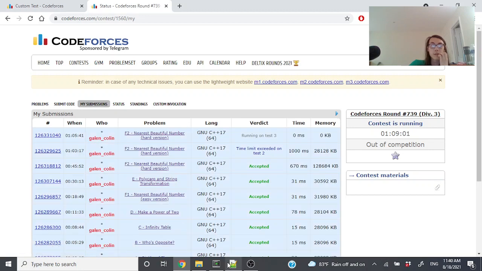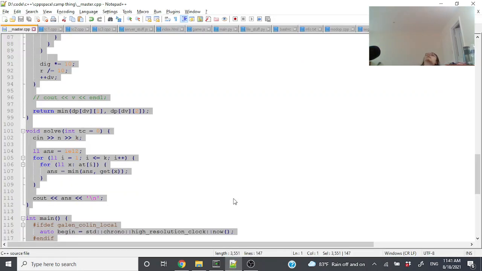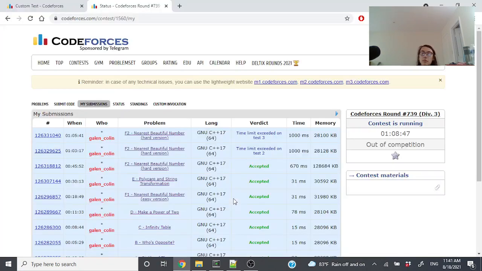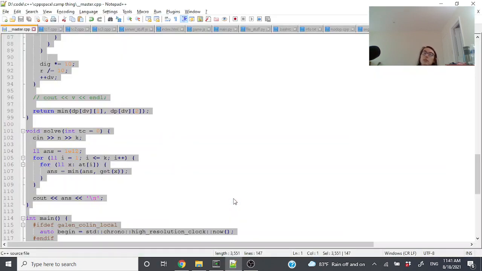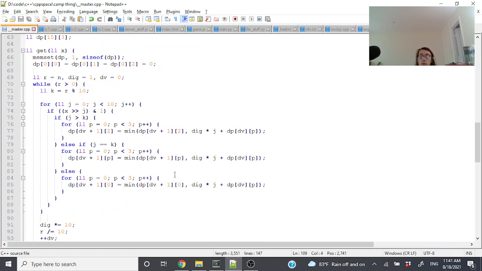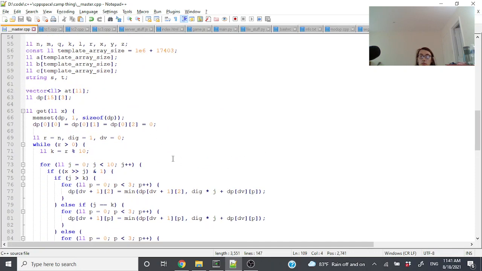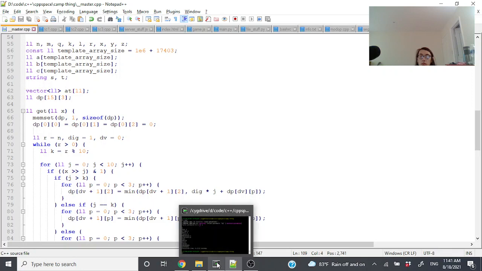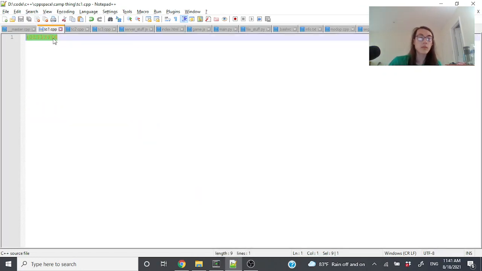I really don't get this problem. There's gotta be some super simple thing that I'm missing. Or something like that. I mean, it's not super simple, but people are getting it. How slow is it exactly?